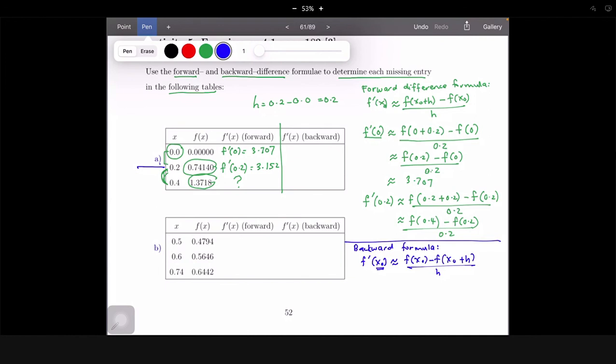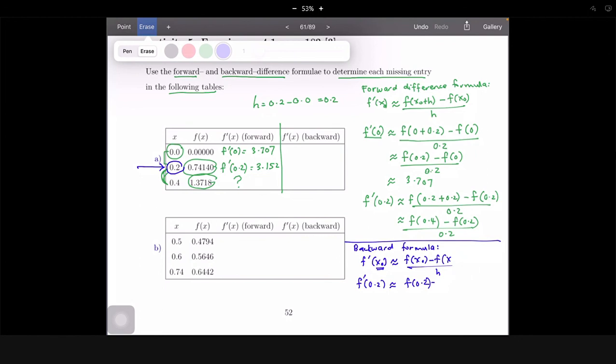Okay, kita cuba let's say f prime 0.2. So h adalah 0.2. So f 0.2 minus f 0. So untuk dapatkan f prime 0.2 dia akan guna 0.2 dan 0. Tak, sorry. Silap.